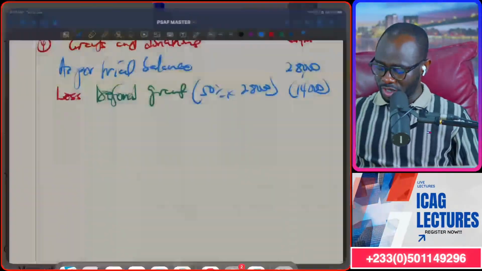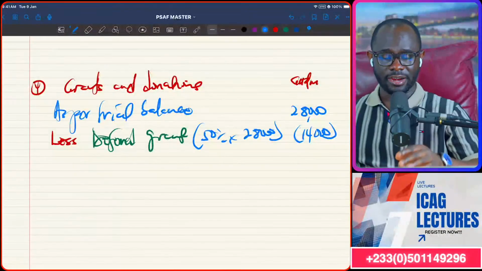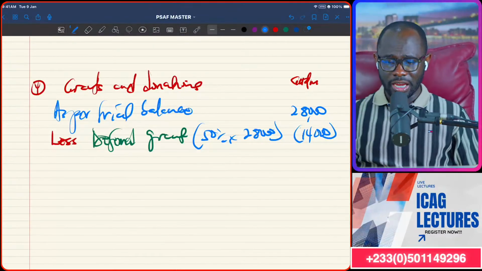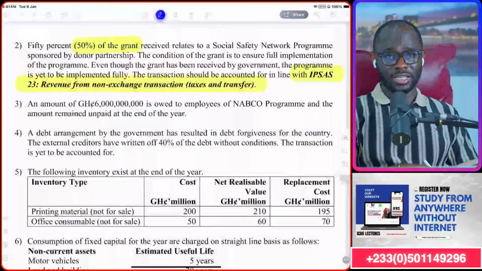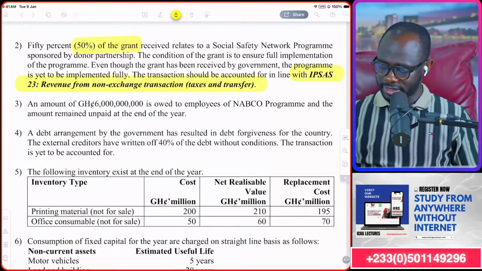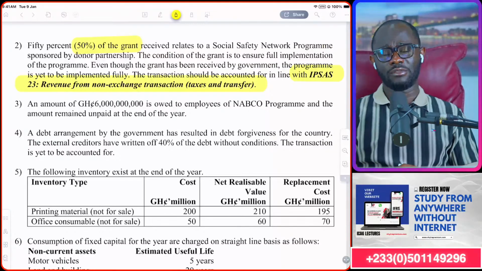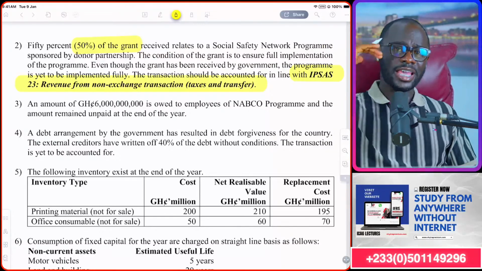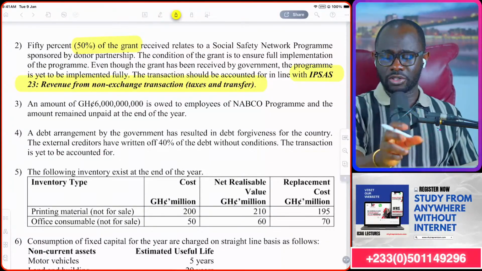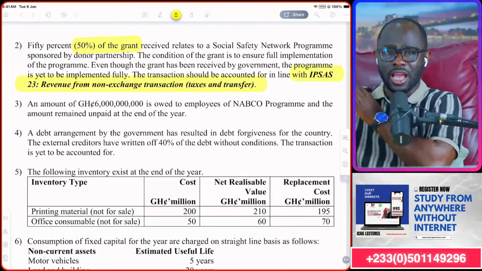So the corresponding entry for the deferred grant, we will enter it on the face of the statement of financial position under current liabilities. Note 3, an amount of 6 million. Now you got to be careful because you are working in million up. It means whatever you are picking in the footnote, you have to cancel 6 zeros.